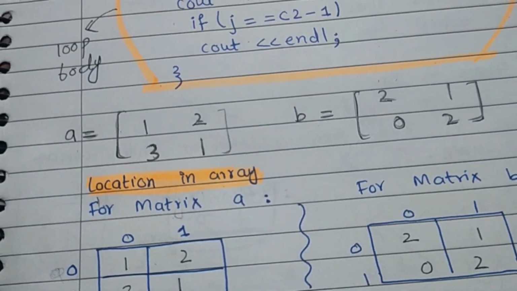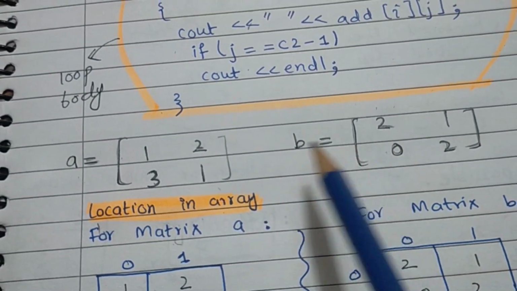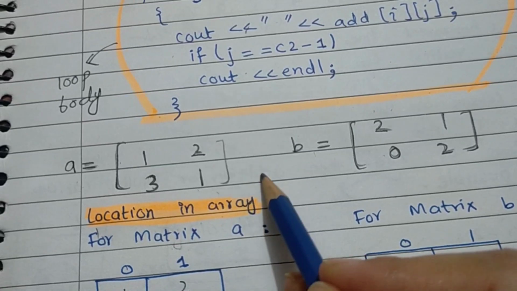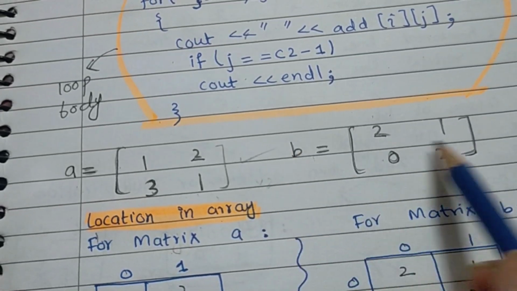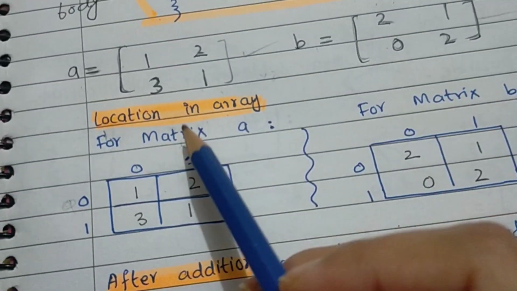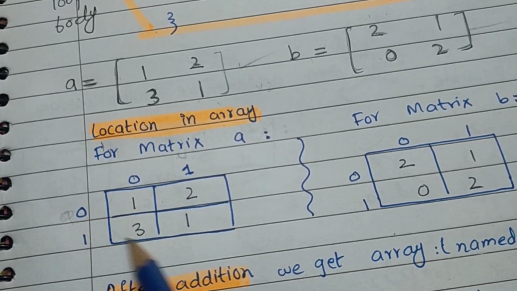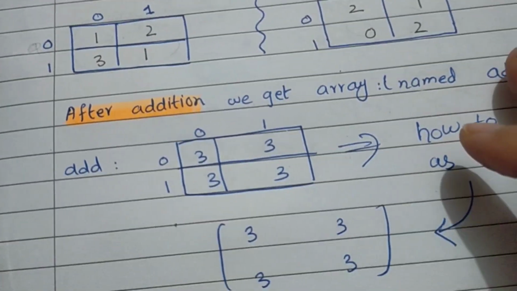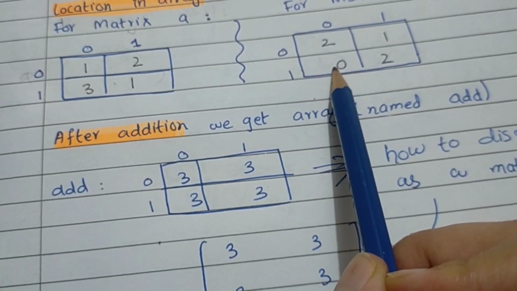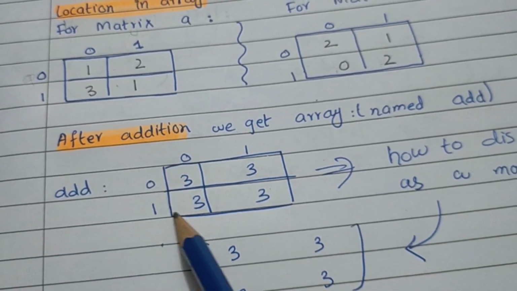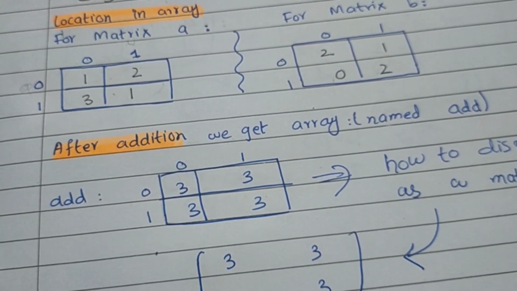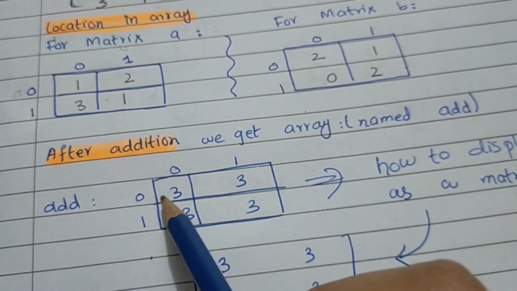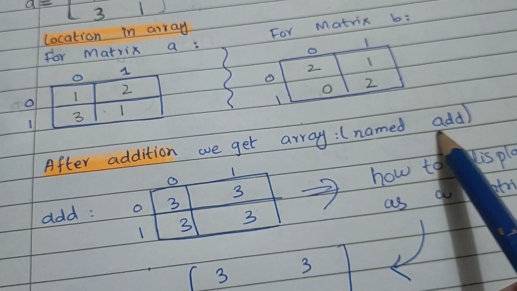Like we consider two matrices A and B of size 2 cross 2, right? This is a 2 cross 2 matrix, both. So the location in the array is like this, as we understood before. Now after adding these two matrices, we get the third matrix named add.